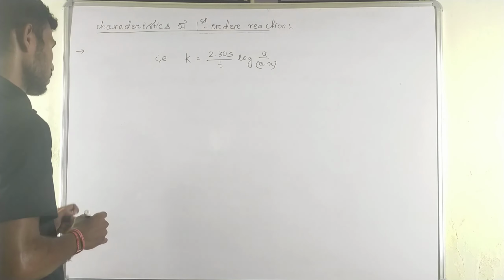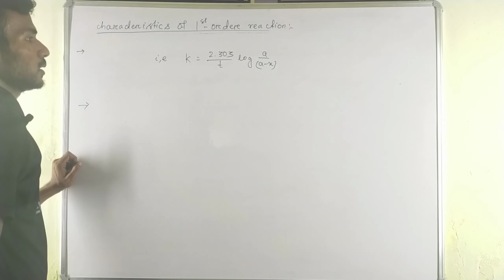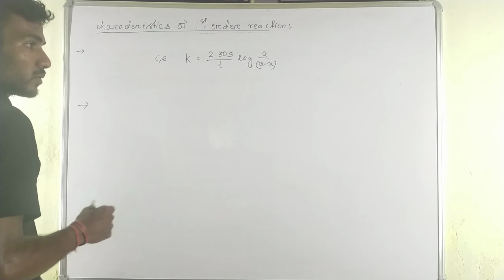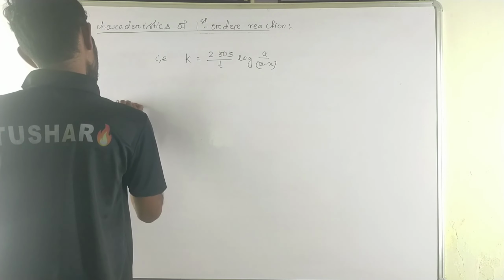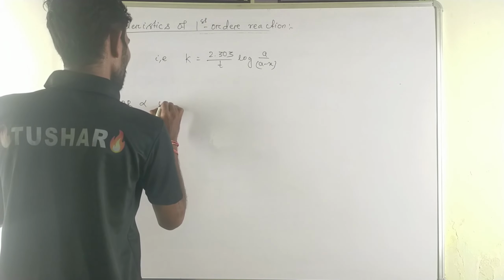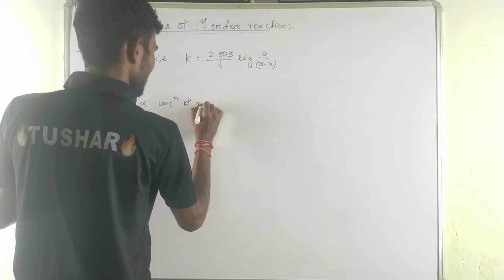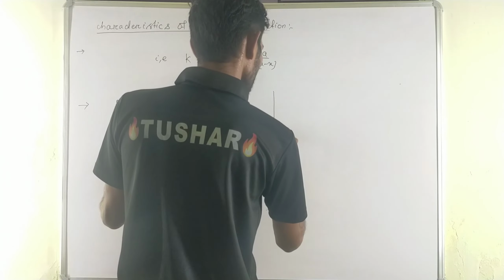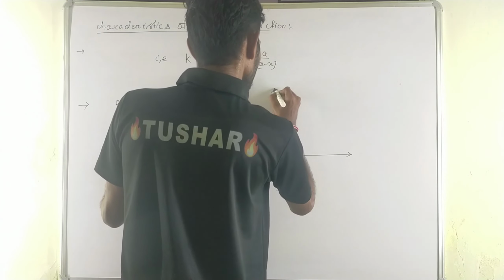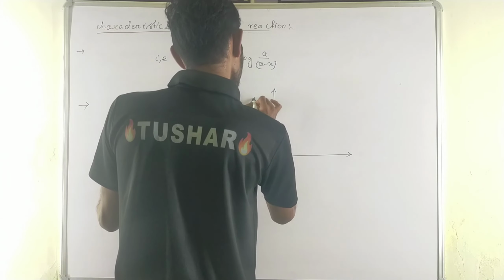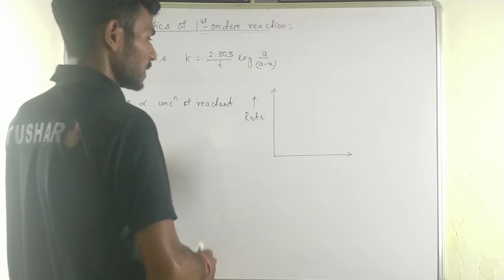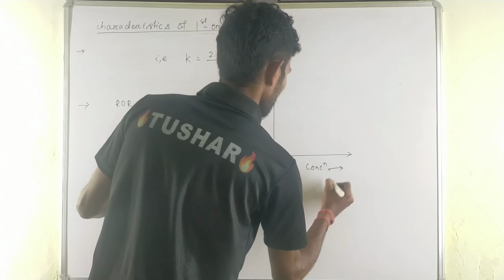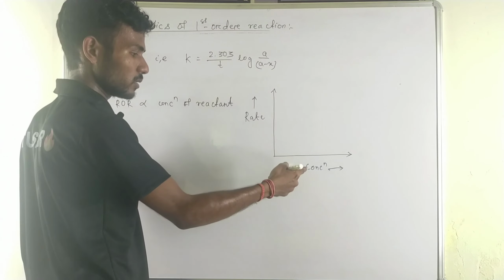Next point: in a first order reaction, the rate of the reaction is directly proportional to the concentration of the reactant.